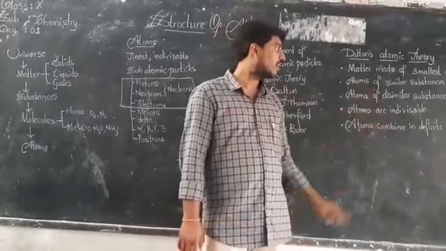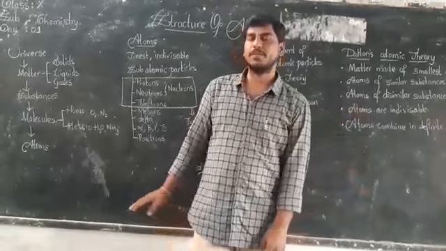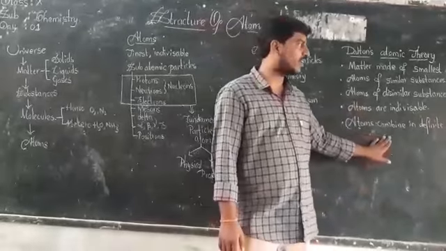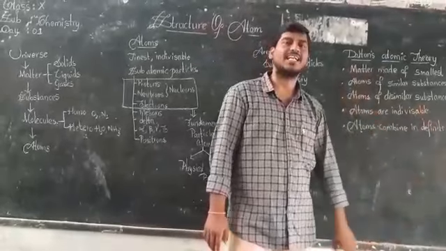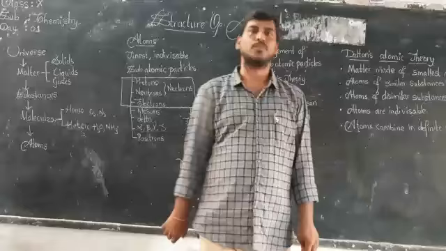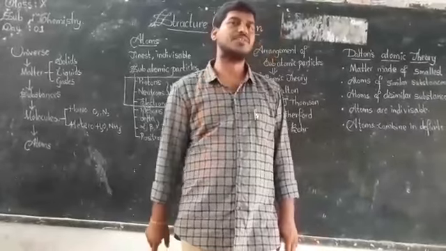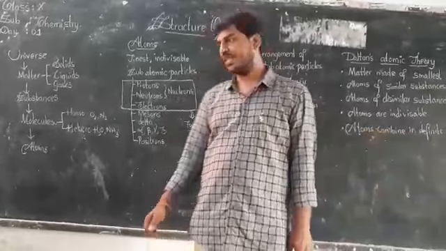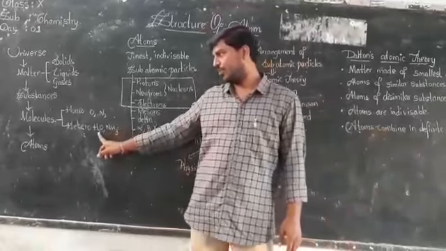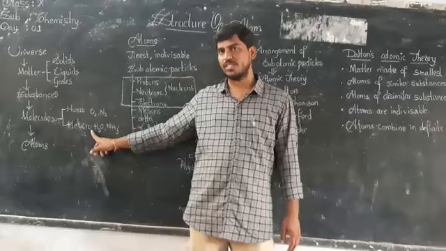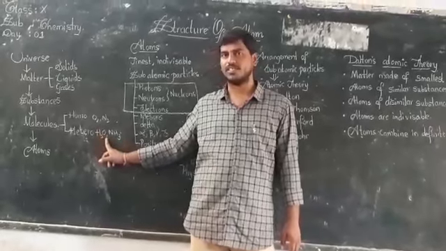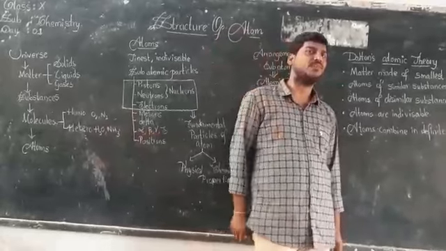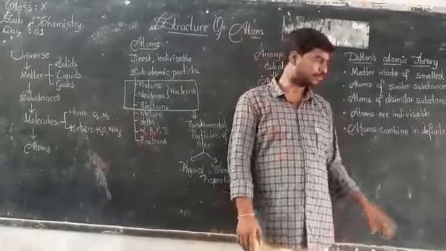And these atoms are indivisible and they combine, right? One atom will combine with another atom in definite proportions. Only in particular ratios are they going to combine to form molecules. Like here you can look: two hydrogens combining with one oxygen, in a definite proportion only, to form a molecule.